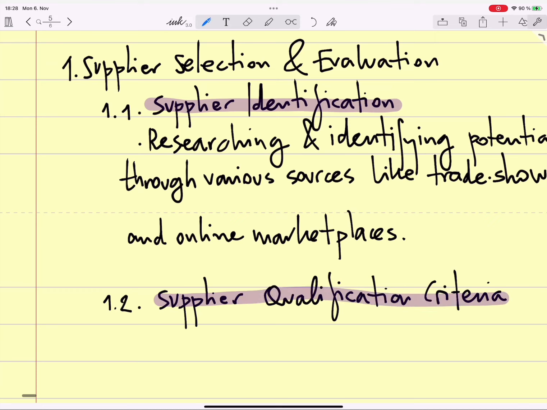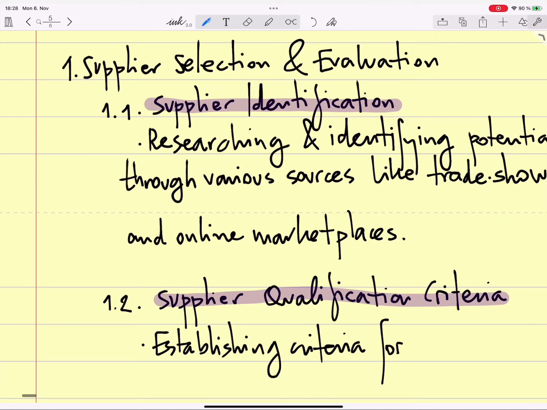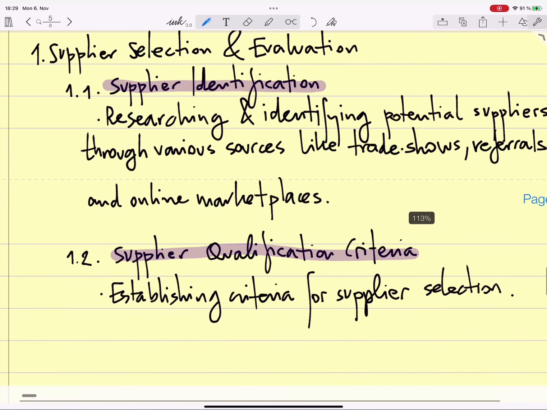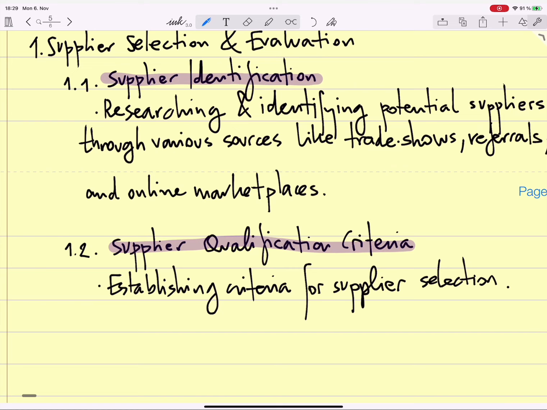Okay, so you need to establish specific and clear criteria for supplier selection. Okay. Geographic location, quality, financial stability, whatever, okay?